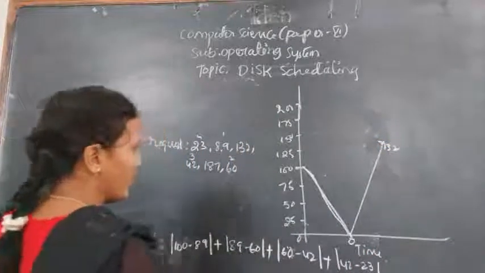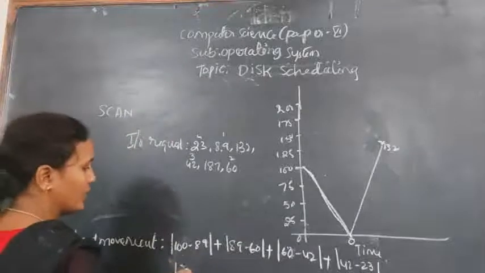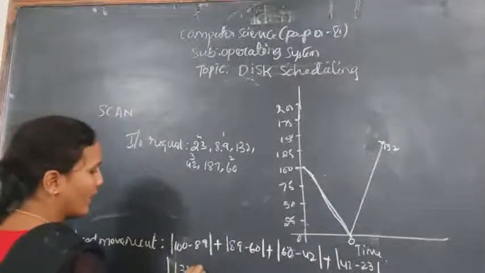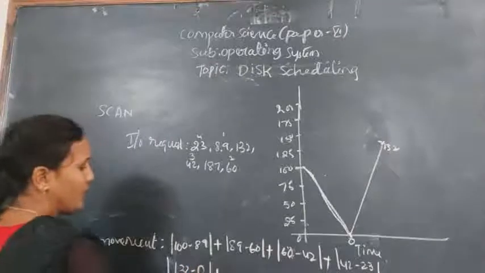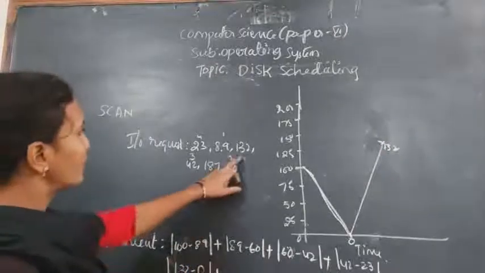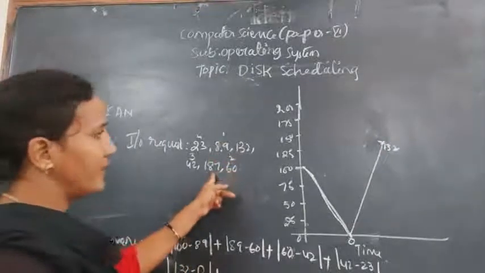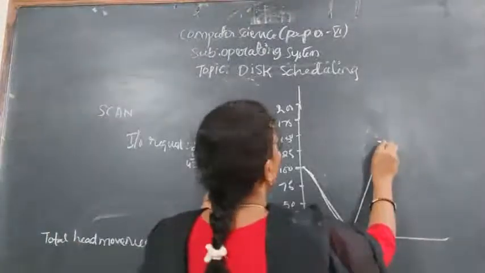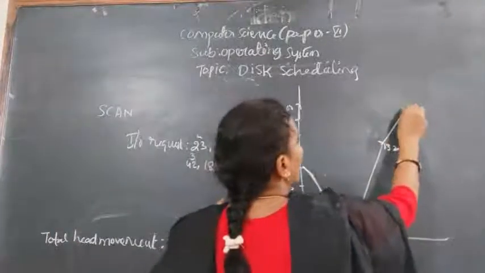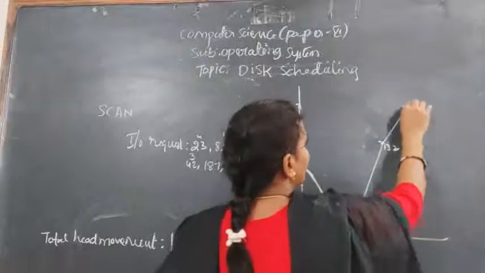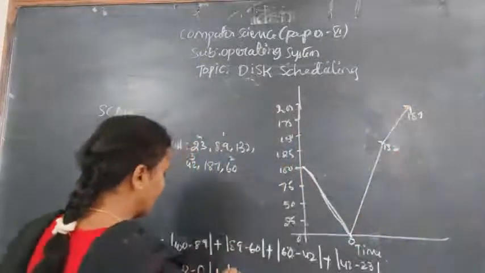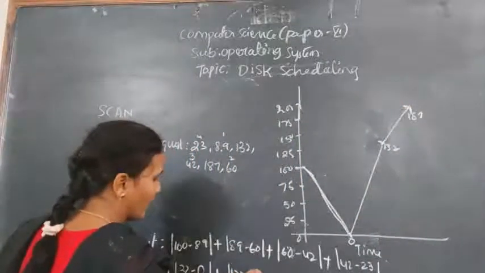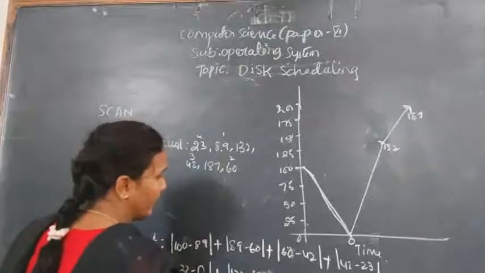Again we'll take 132 minus 0, plus, what is the next one? 187. Like this, 132 to 187.